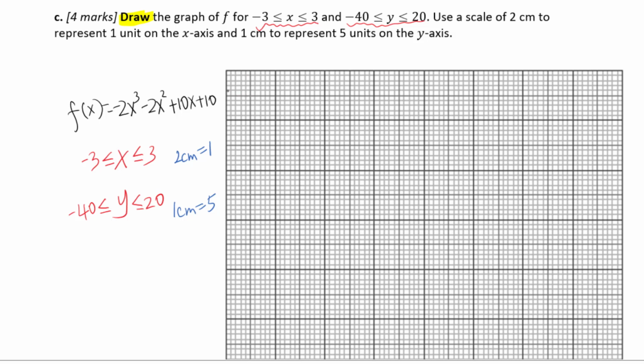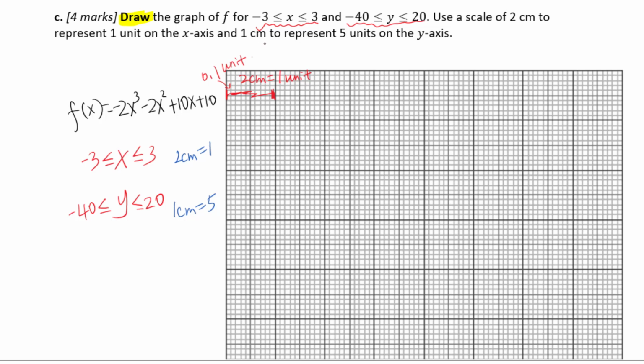This is 2 centimeters, which means one small one stands for 0.1 unit.